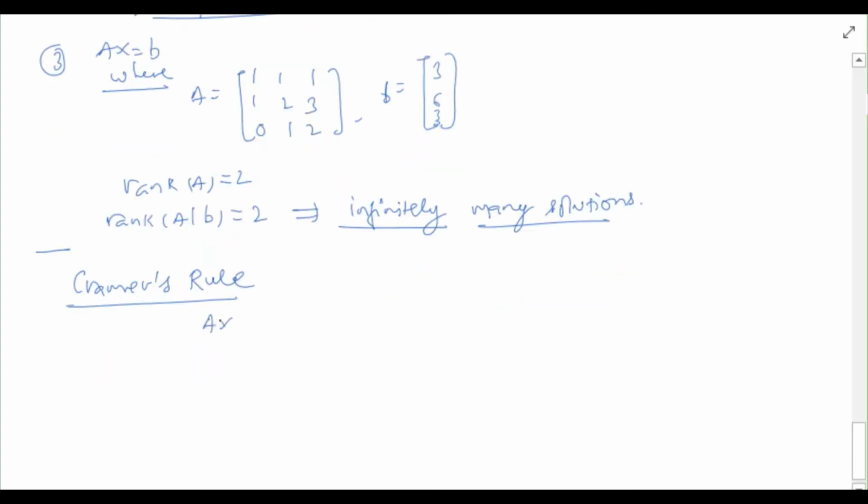Cramer's rule says that for a system of equations Ax equal to b, if it has a unique solution, the solution can be obtained as follows.